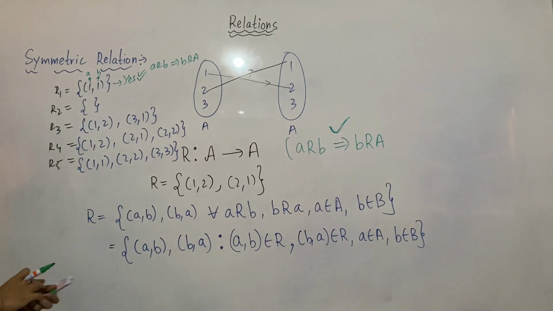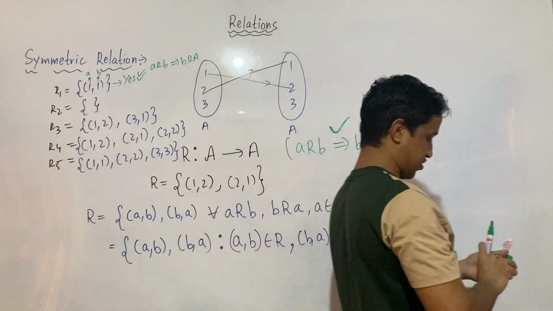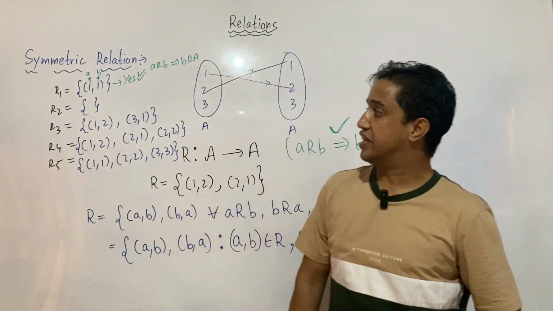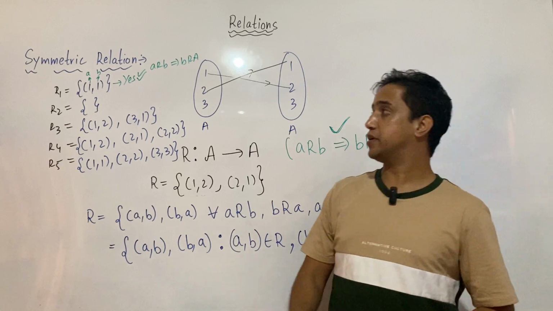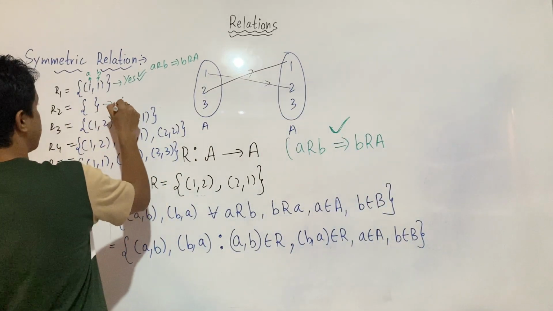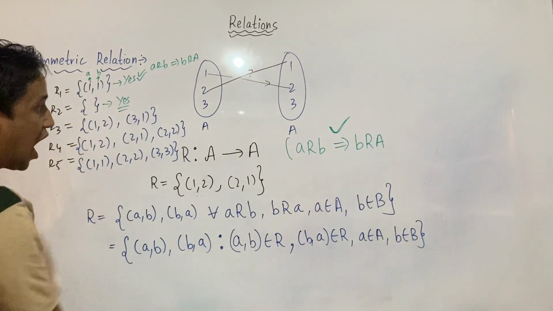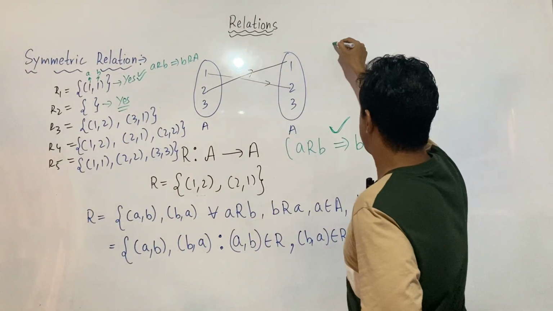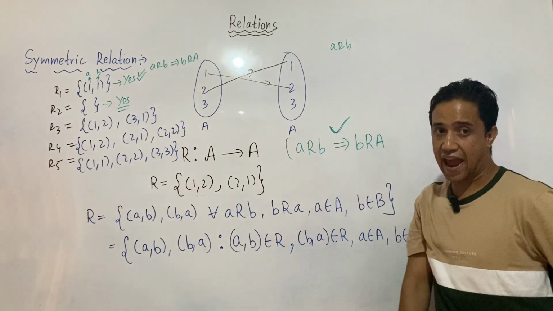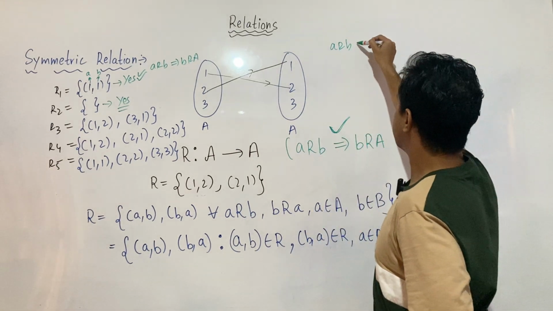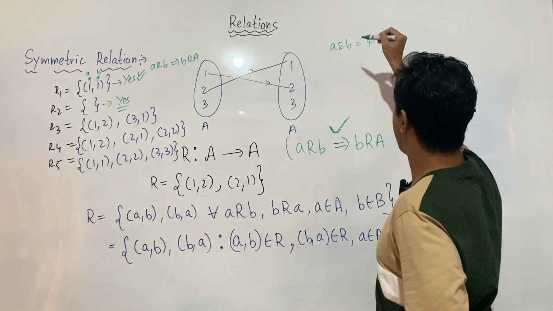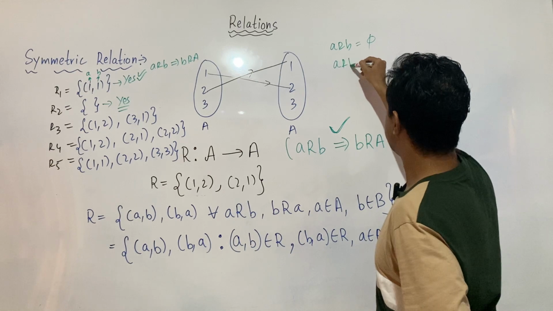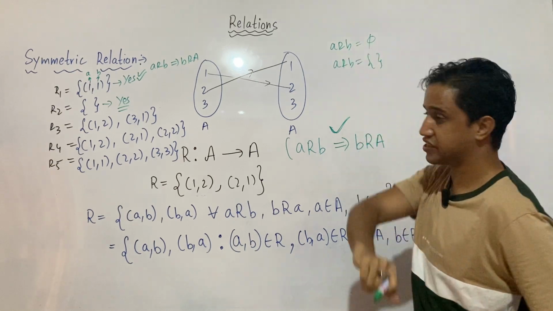Next is R2, the empty set. Okay, so what do you think about this? Yes, it is going to be a symmetric relation. Now you will say, how? Now tell me, A is related to B, and A relation B just gives you the empty set.